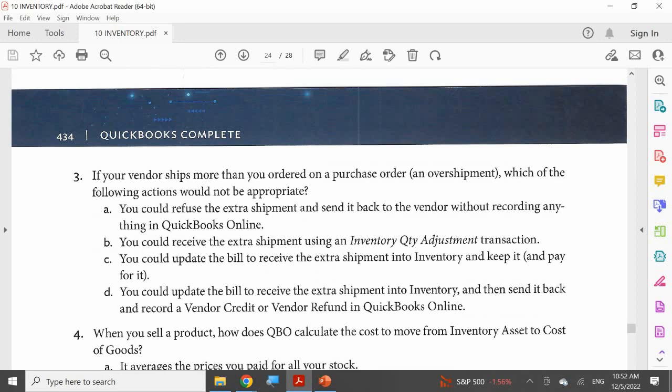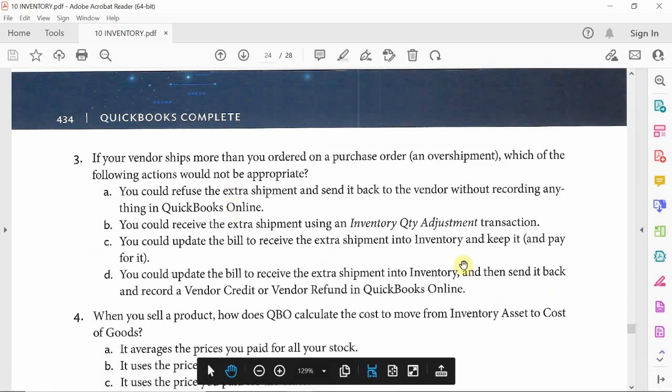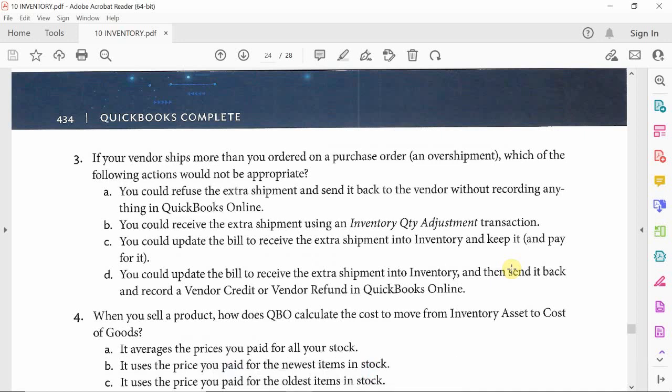Number 3, if your vendor ships more than you ordered on a purchase order, so you got an overshipment, which of the following actions would not be appropriate? In this case, this question can be up for discussion. There could be multiple answers for this one.